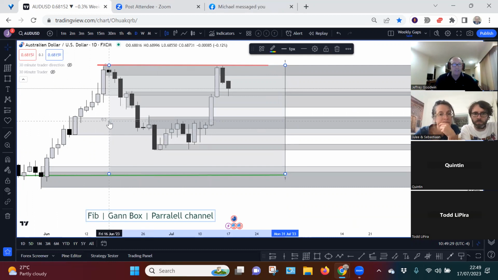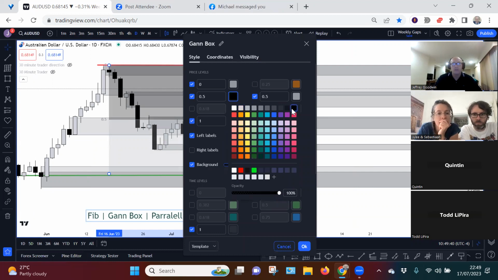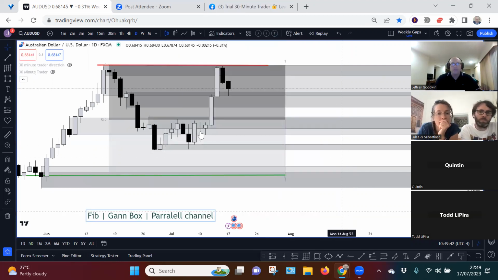Now, can anybody see this? It's quite hard to see. I'll see if we can make that darker. I want to make that 50% darker. That might help. So you can see the distinction there between that high and the low.